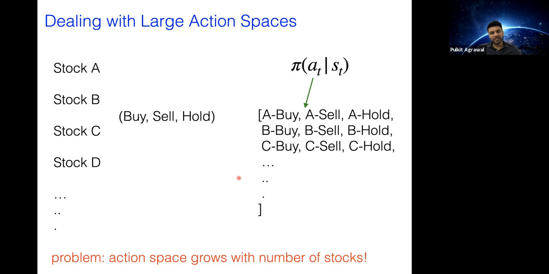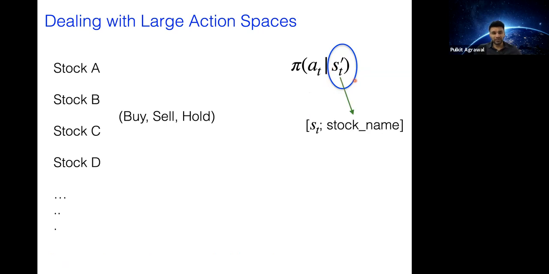So, what is an alternative over here? One thing we could do is expand or redefine my state space. So, for example, I'm going to include the stock name or the stock ID as part of my state space, in addition to other variables that I might have.